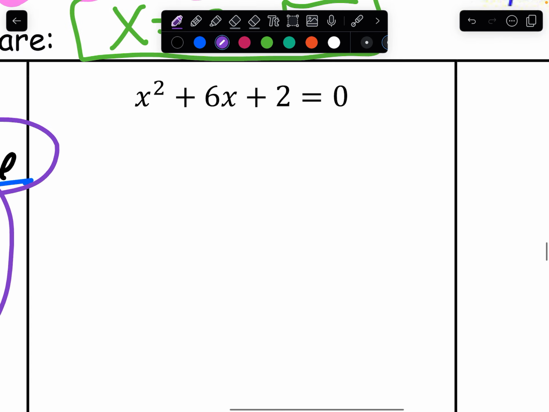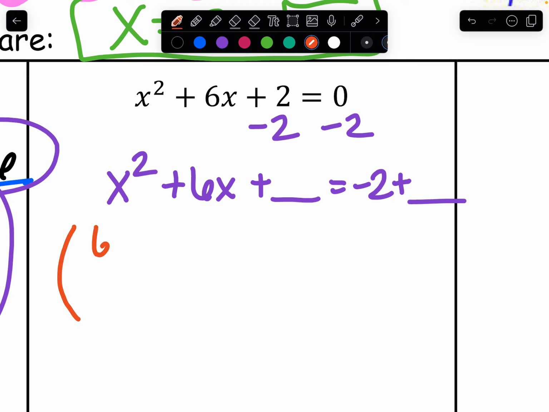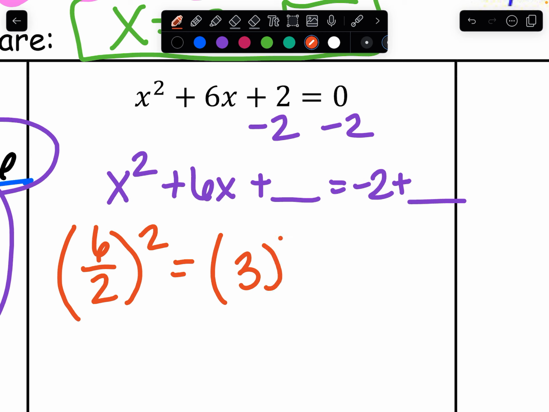Okay, here we go. Next one, I'm going to move my c term out of the way, so we get x squared plus 6x plus something equals negative 2 plus that same something. So we're going to take our b term, divide it by 2, and square. We get 3 squared, which is 9, so 9 is going to go into those 2 spots.